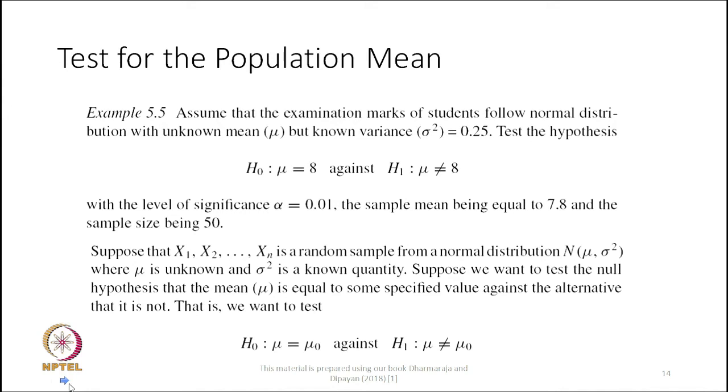Of course, the population variance is also given, because if the population variance is not known, then you have to go for a different approach.